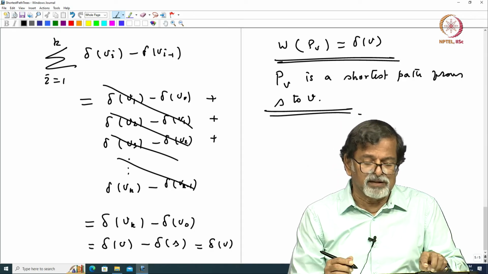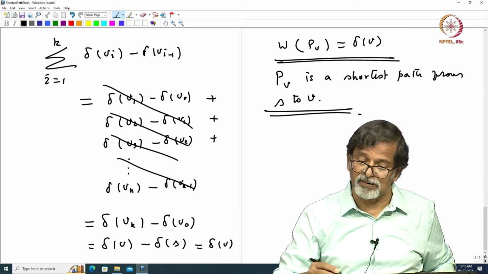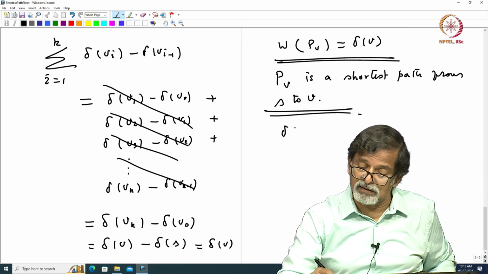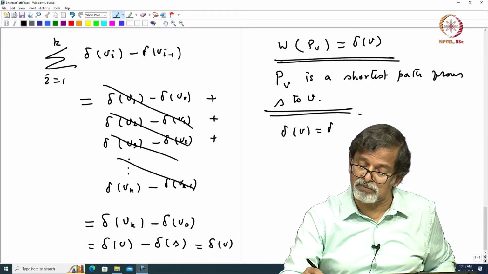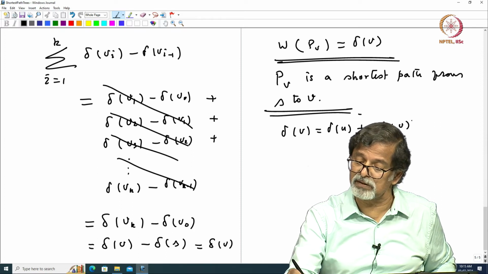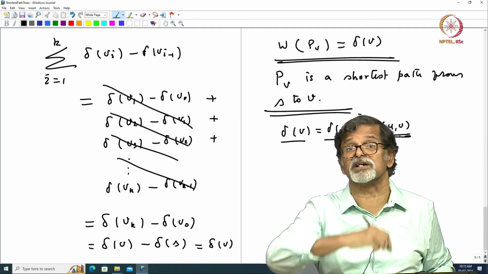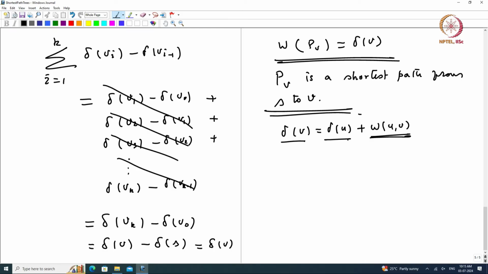If you look at the way in which we have derived the equation for delta V equal to delta U plus weight of UV, this is the shortest path, this is the shortest path, and this is the last edge in the shortest path. So, from S to U, then UV, this is the last edge.